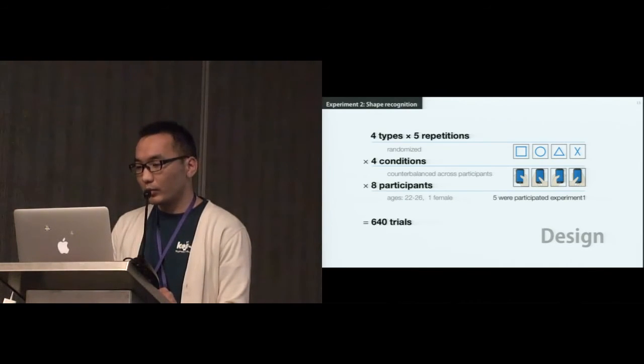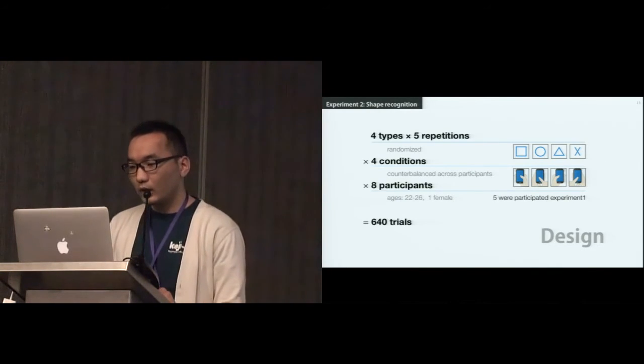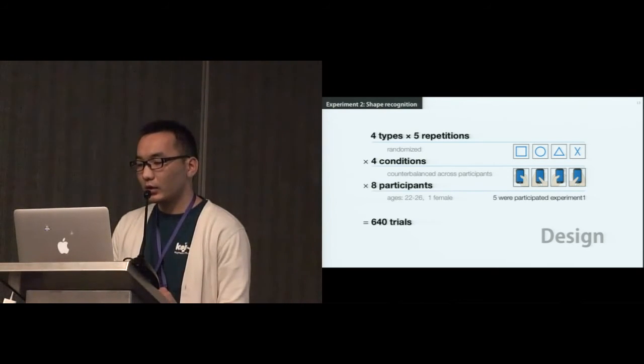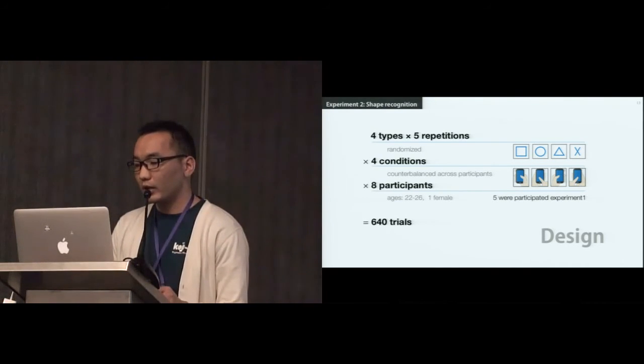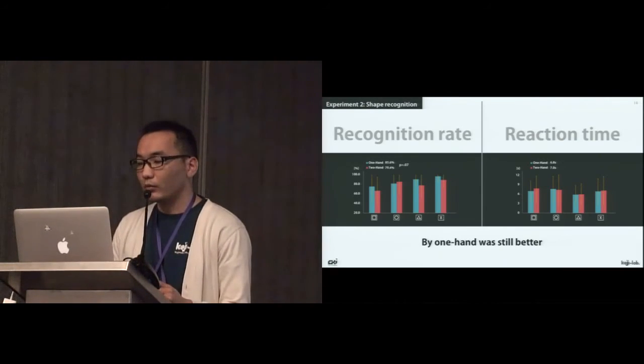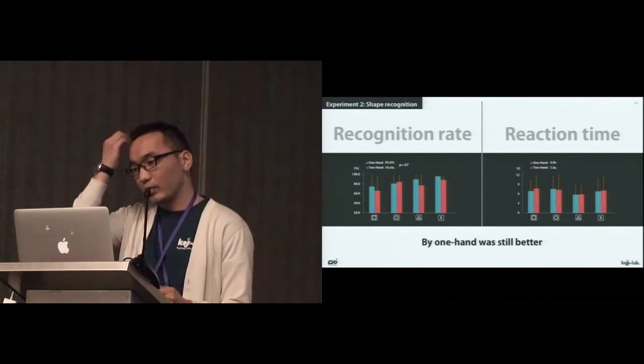Next is experiment 2. The experiment design was almost the same as experiment 1, except the shapes and participants were a little bit changed. Shapes were square, round, triangle, and cross. 5 out of 8 participants had conducted experiment 1 two days before. Here we show experiment 2's result.